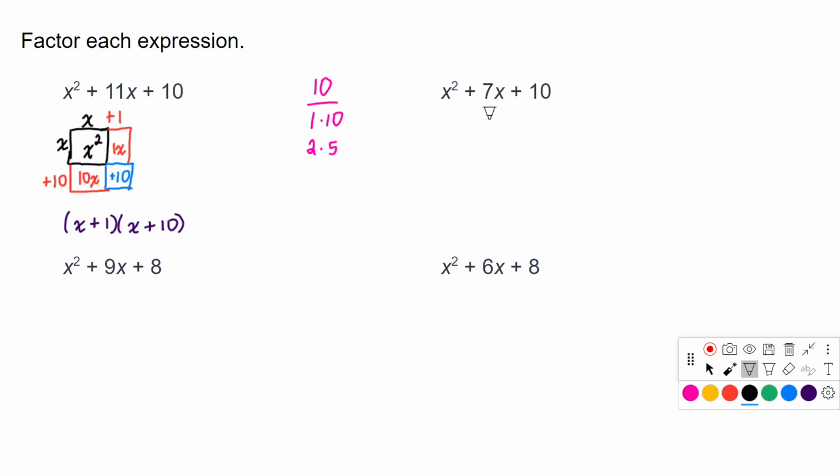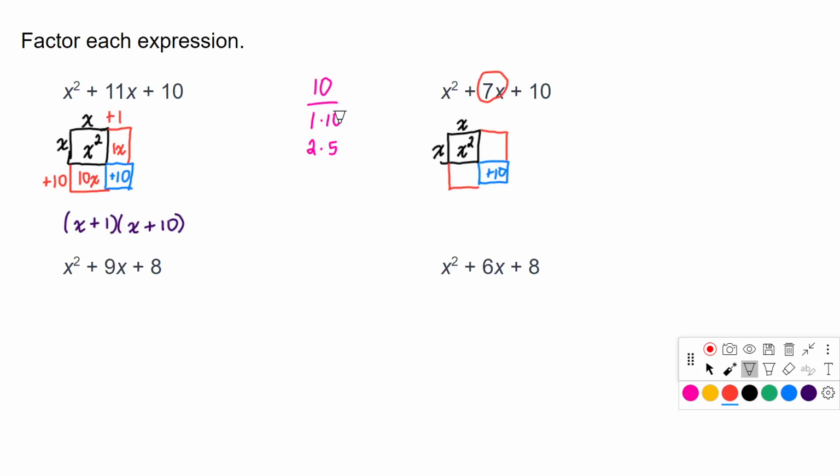Looking at the second one here, starting with my x squared that I know I have, including the units, which once again are 10, so we can use those same factor pairs that we looked at before, to determine how much needs to be added to each side to equal 7x.